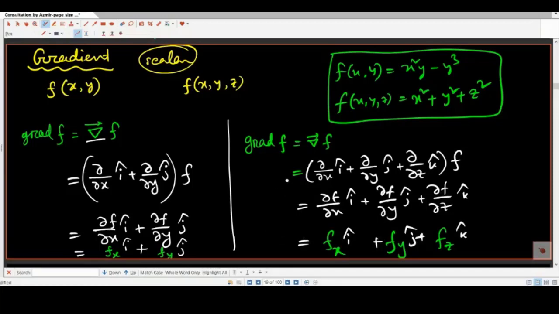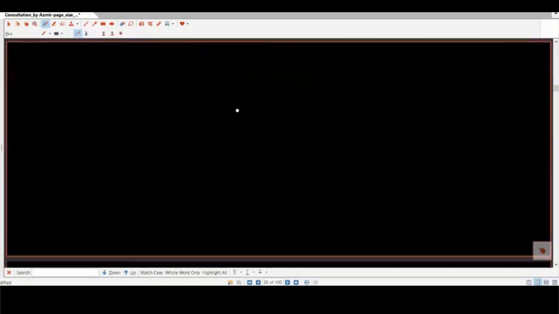So this is the gradient for a function of three input variables, and this is the gradient for a function of two input variables. So let's have a look at one example of how to find the gradient.